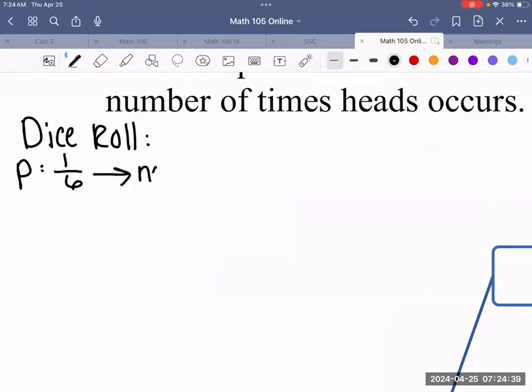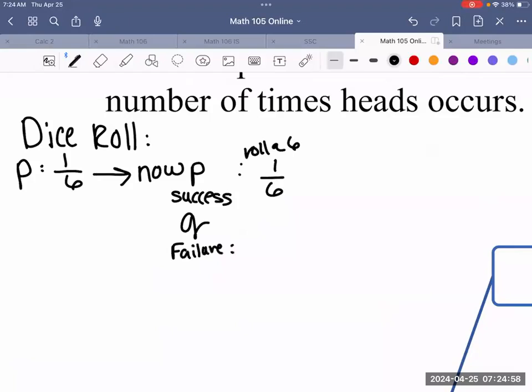However, now if we're saying P is success, then in order to roll a 6, this one happens to be 1 out of 6, but Q, being your failure, instead of the remaining numbers being 1 out of 6, 1 out of 6, 1 out of 6, your failure is the opposite. Your failure is now 5 out of 6.